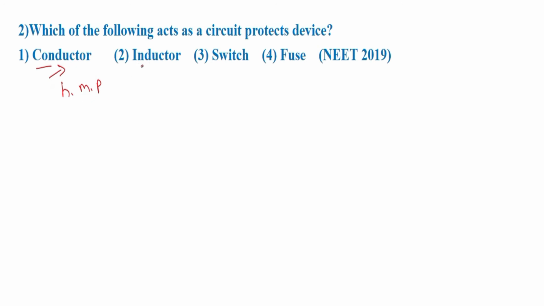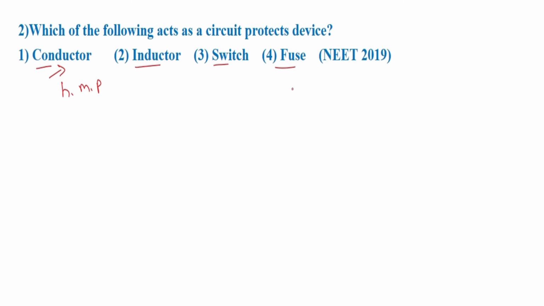The same is the case for the inductor. Now if you go to the switch, it is manually operated. Now let us go to the fuse. Fuse is a wire which is generally made up of a combination of tin and lead, and it has low resistivity and a low melting point.